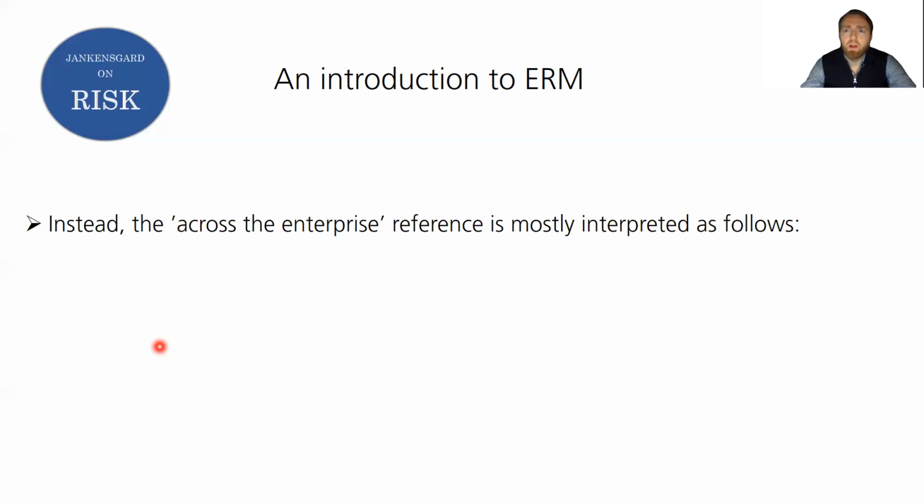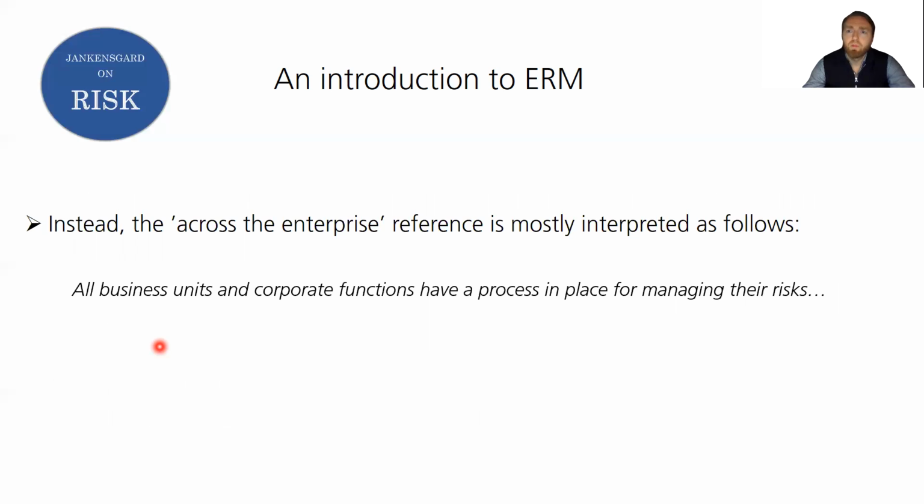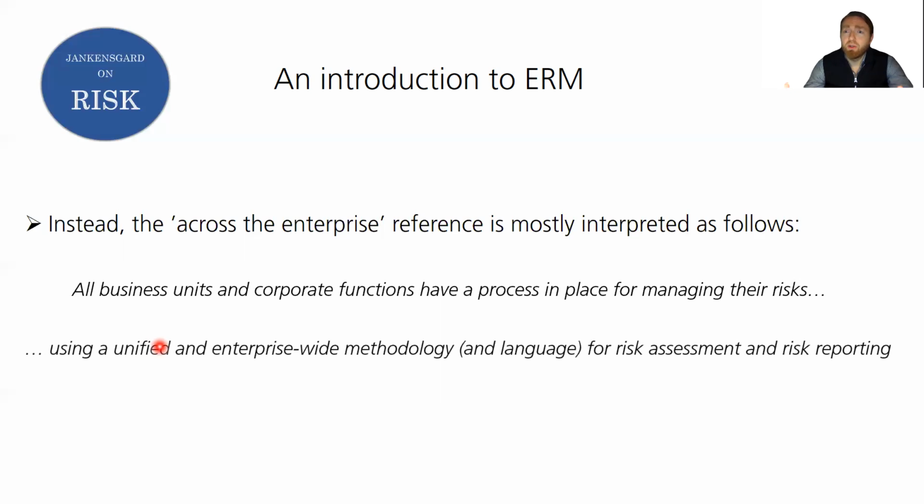So the right way to think about across the enterprise here is instead as follows: we're expecting that all the business units engage in this process and corporate functions as well. And we do so in a unified way, meaning that the methodology and language is unified across all these entities, right?